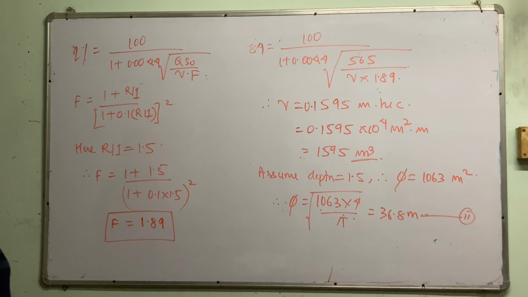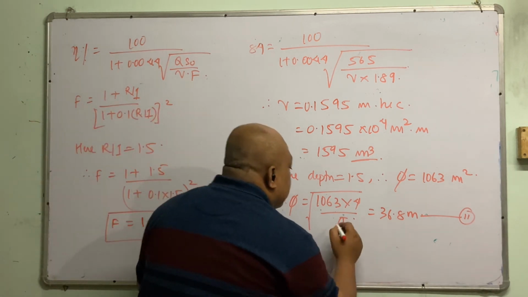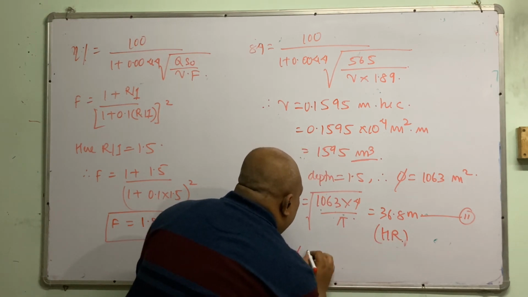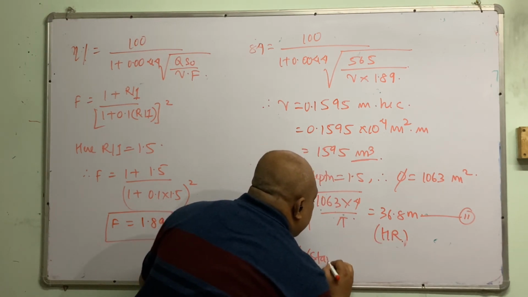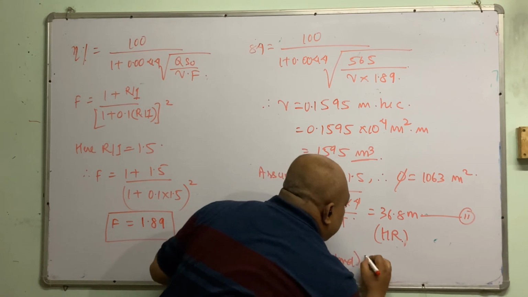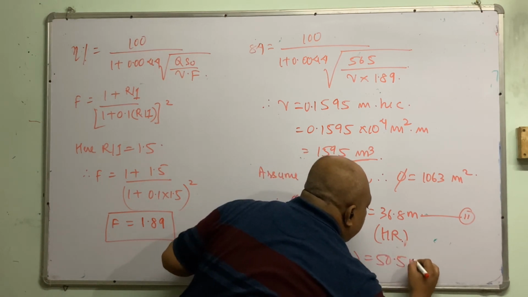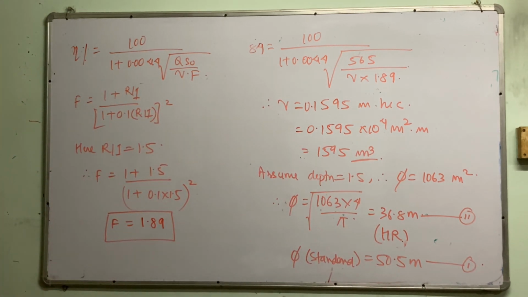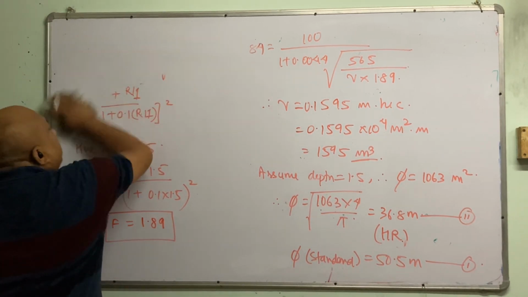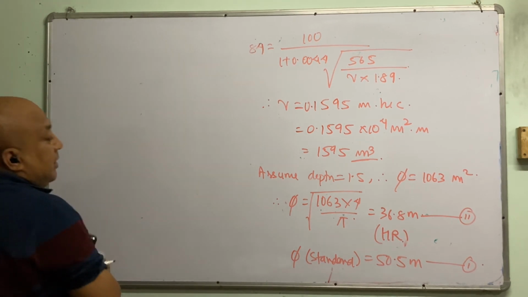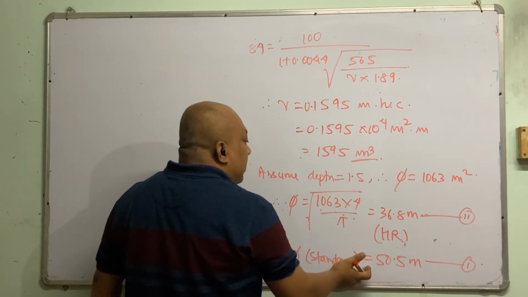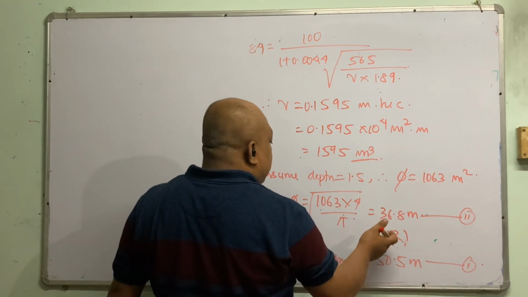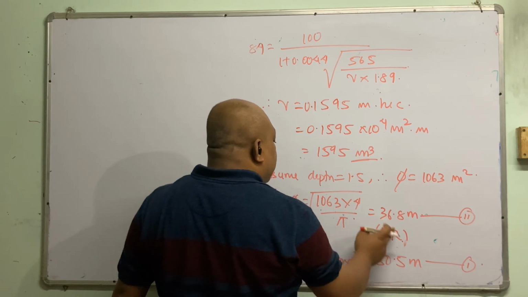So our first diameter, for the standard one, I remember it was 50.5 meter, correct? Now the question is, this is the diameter we wanted if you want it for a hybrid trickling filter. This is the new one.